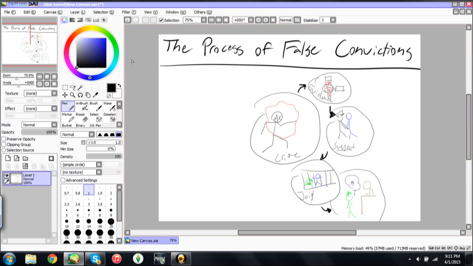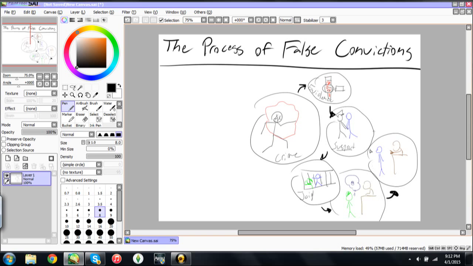So, let's draw the trial over here. Really dinky looking trial. Sorry. Not the same color either. Oh well. So, that's Mr. Judge up there, and he's like, "You did it." And our poor little dude gets sentenced to jail for a long time for a murder.